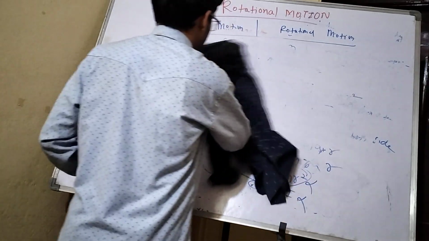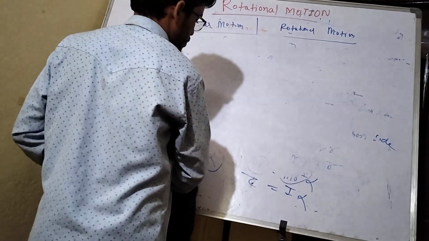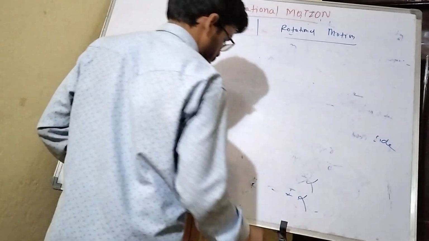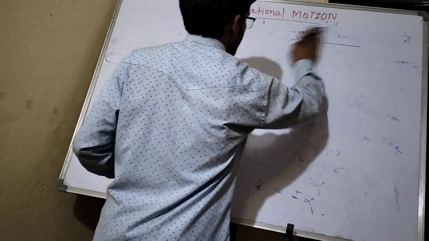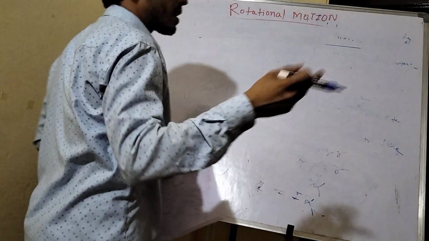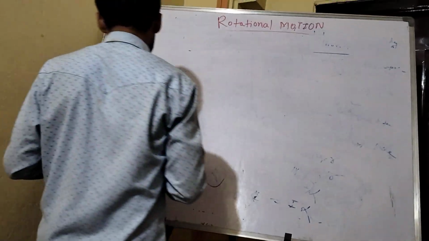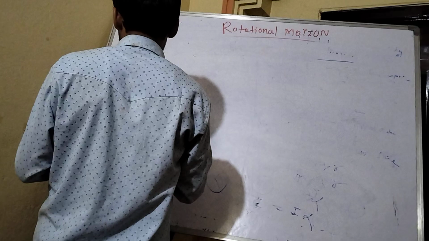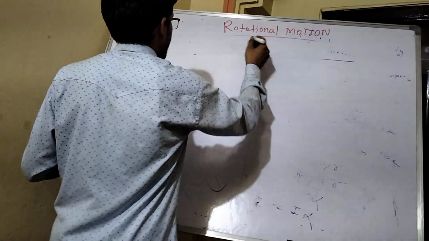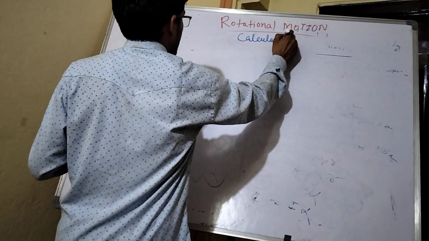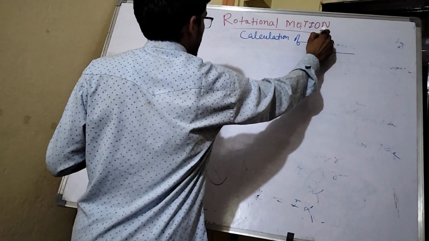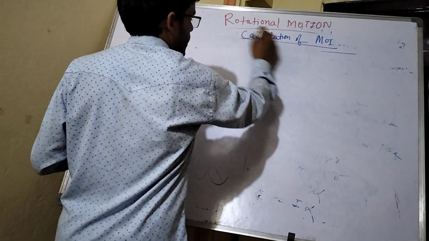And from the rotational point of view, otherwise also in physics, there are generally two types of particle. First is the point mass, and second is continuous mass. So first I want to write here, calculation of moment of inertia.